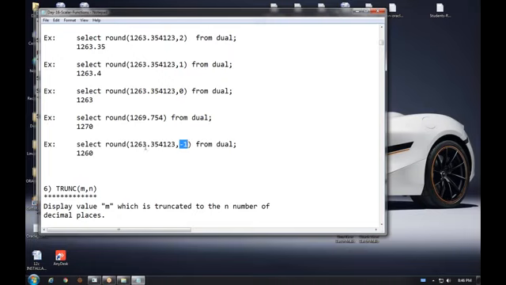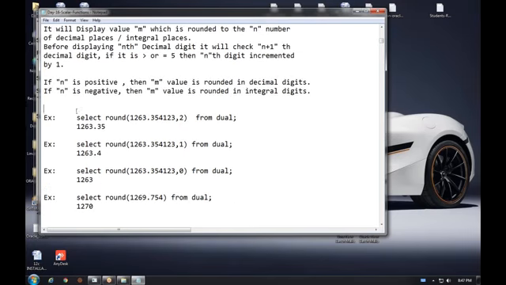If a digit is eliminated, what is the value at that place? 0. So here it is 3. You are eliminating 3. If it is greater than 5 or equal to 5, 6 is incremented by 1.